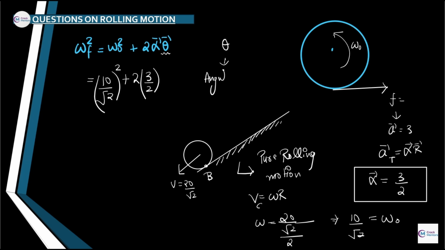Okay, so theta is the angular displacement. To find this, we have to know how much angle it has rotated since it turns into the horizontal motion.